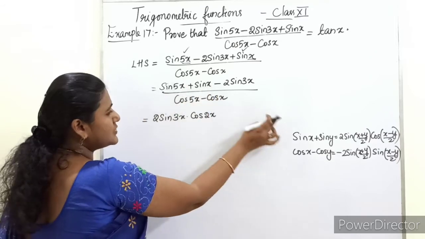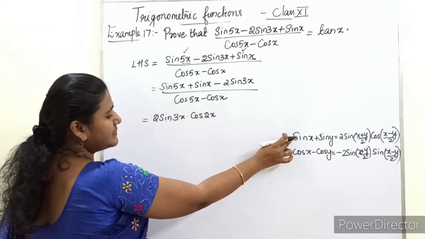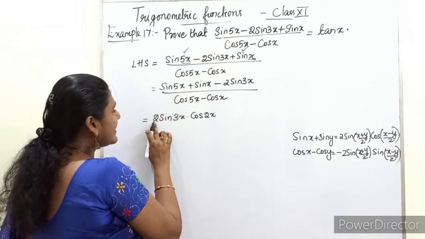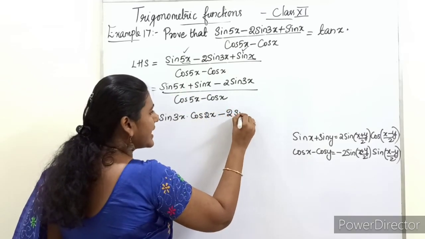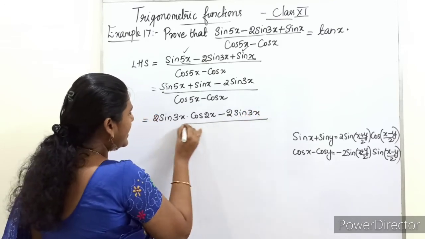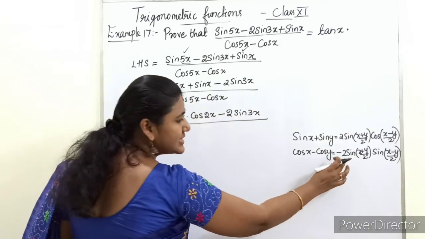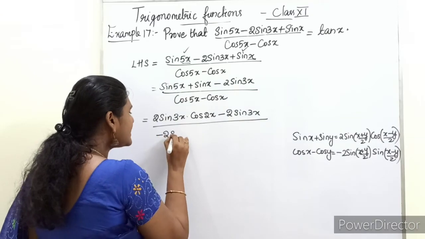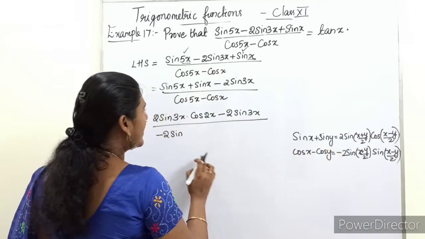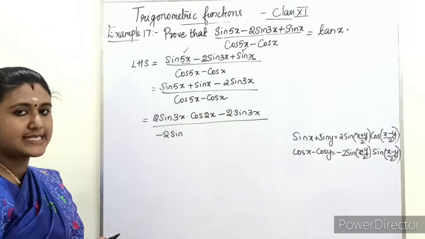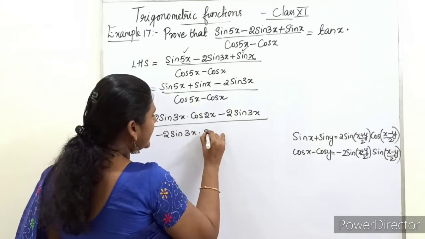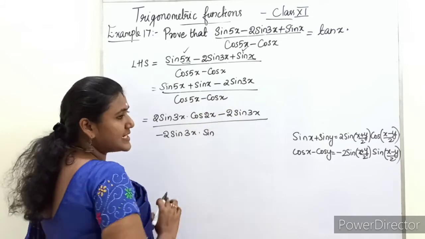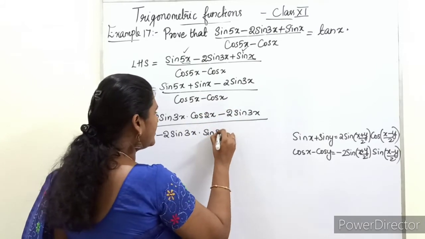When you apply this formula, you will get 2 sin 3x into cos 2x minus 2 sin 3x. Now divided by the denominator, we will use this formula: minus 2 sin((x plus y) by 2), that is 5x plus x, 6x by 2, that is 3x, into sin of (5x minus x), that is 4x by 2, equal to 2x.